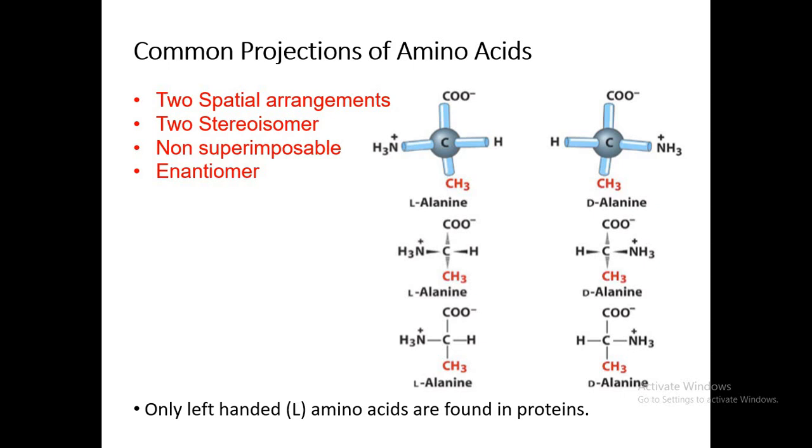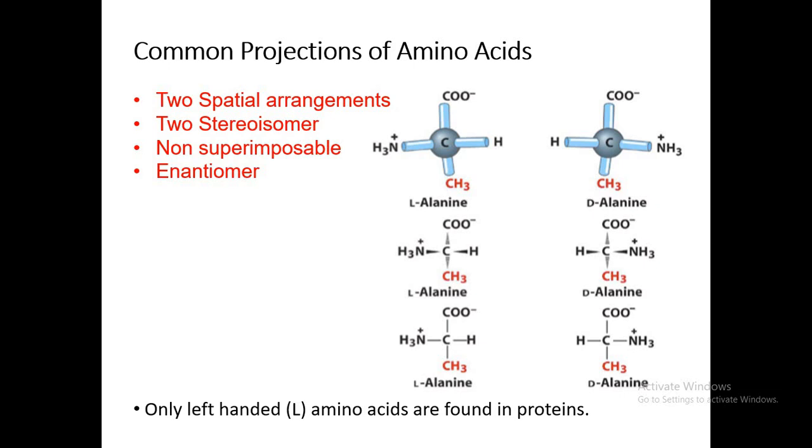It can be formed in the L form or the D form, and these forms are non-superimposable on each other. Those stereoisomers that are non-superimposable mirror images of each other, meaning not identical, are called enantiomers. So the 2 stereoisomers of each amino acid are enantiomers.